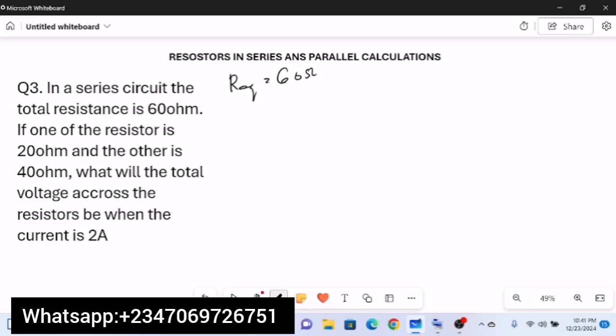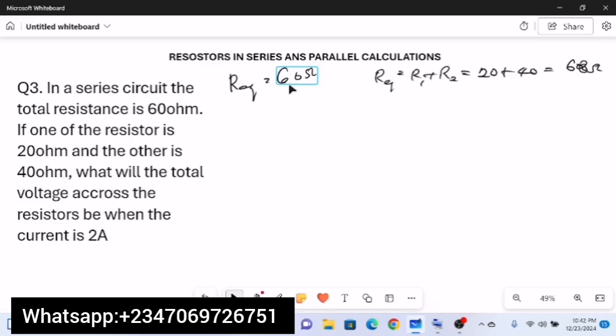So just to prove this equivalent resistance already given to us, remember R equivalent should be what? R1 plus R2. So the first resistor was given to us as 20 and the next was given as 40. So 40 plus 20 simply gives us what? 60 ohms. Which is how this was already calculated and given as 60 ohms, right?